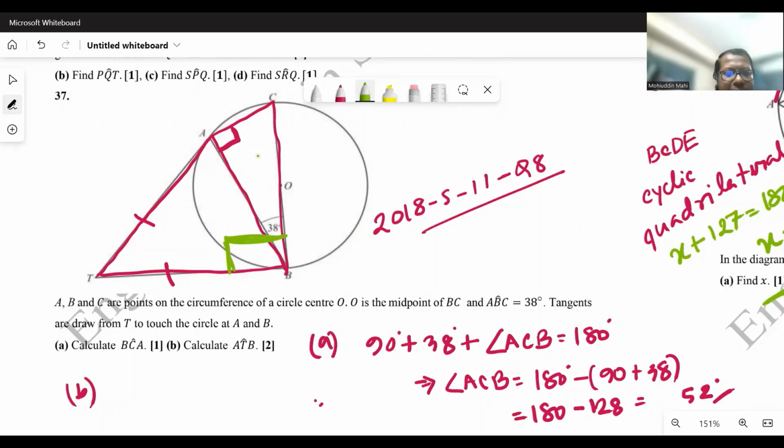Why? Because BT is the tangent and BC is the diameter. I explained in the previous question that at the intersecting point of the tangent and the radius, an angle of 90 degrees will always be formed.